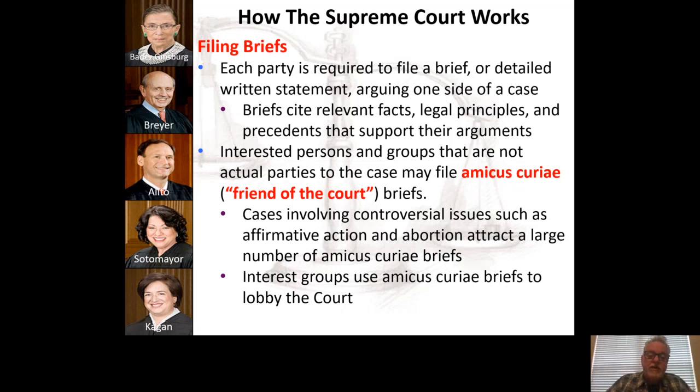If the case involves a state and an individual, you might have the Solicitor General, that's the person who represents the president in court, write a brief on the president's opinion on the case. And so special interest groups are invited to write briefs on this case, and as is the President of the United States, the executive branch of government. The Congress at times has written their own brief from their own legal counsel, the Senate and the House of Representatives.